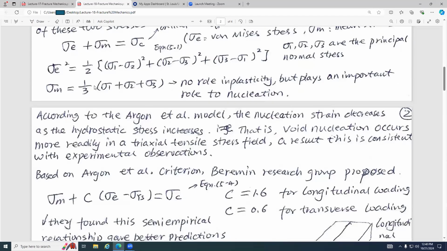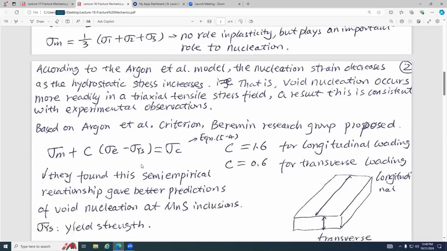So you can see the difference between these two. You can see the difference, right? You see the difference or no? Yes, yes. You can see sigma M is the same. However, for sigma E, they just include sigma YS here.